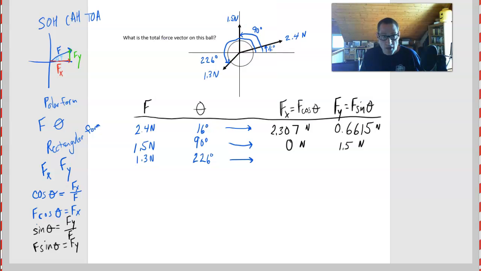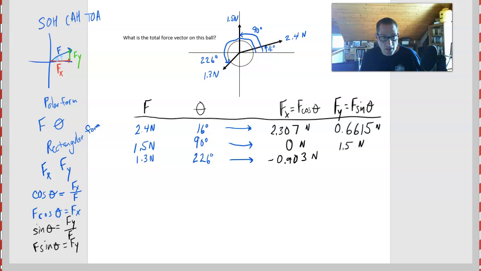So we have the cosine of 226. Yeah, that's good. That's negative 0.69746, and I'm going to multiply that by 1.3. So we get negative, the negative is important to keep there, negative 0.903, let's leave it at that, newtons.